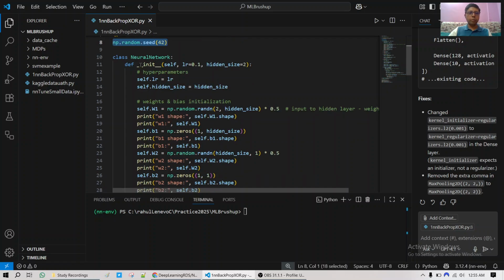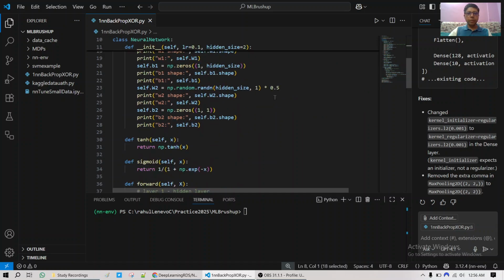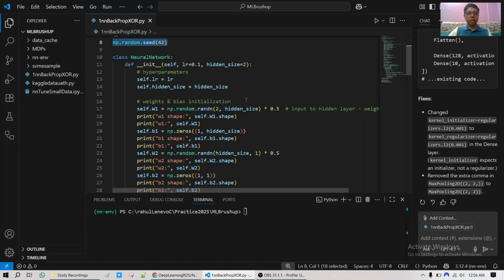So we have prepared one neural network class. This is the initialization function. We are going to provide this constructor of the neural network with learning rate and hidden size, right? These are the default values.